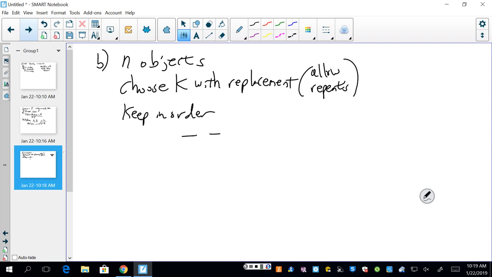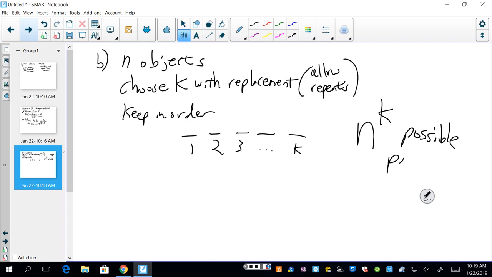So we're going to have a bunch of choices, 1, 2, 3, up to some level. We're going to make k choices that we're going to keep track of all the different choices that we do. We do it with replacement. Applying that multiplication, there is n to the k possible patterns that would happen.